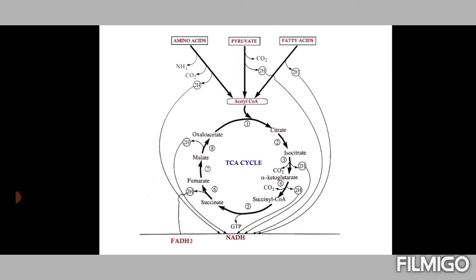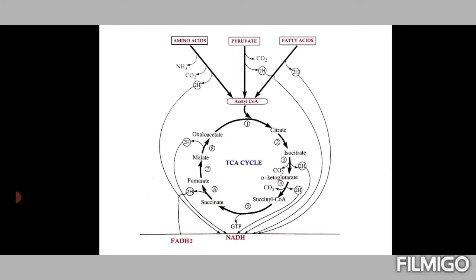Note here that the citric acid cycle itself does not produce significant quantities of ATP or GTP, nor does it use molecular oxygen as a reactant. So molecular oxygen is not directly involved as a reactant in the TCA cycle.